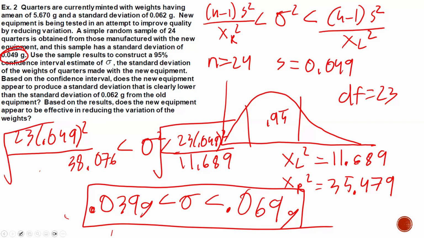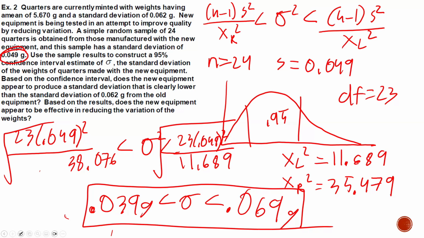Okay, that's not really a thing. Okay, Bobby, if I'm making a machine that makes quarters, what do you want all the quarters to be? Yes. So what is good, a high standard deviation or a low standard deviation? So the whole point of implementing the new process was a lower standard deviation.